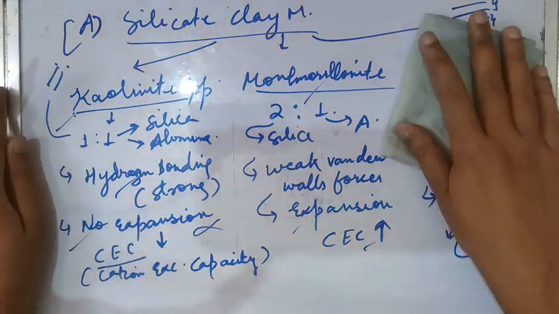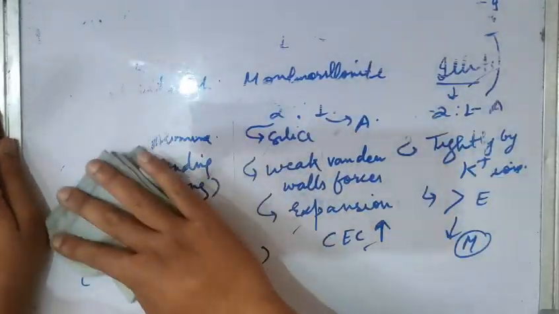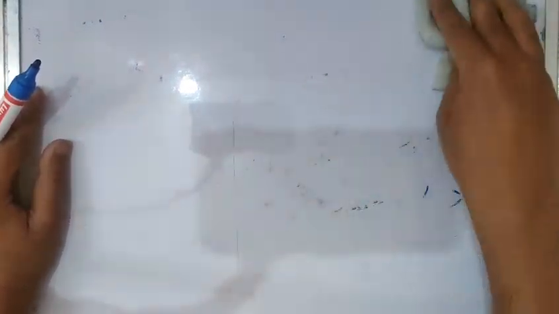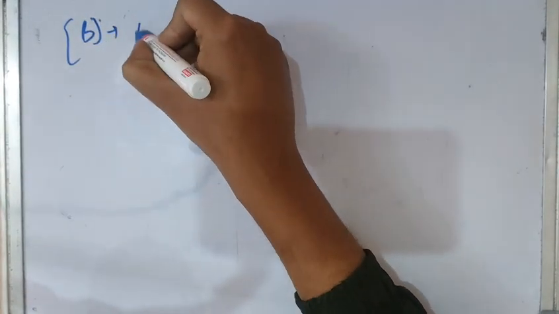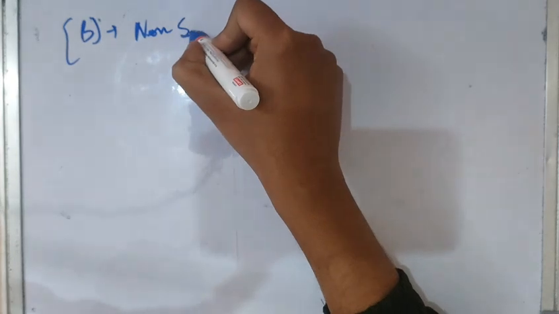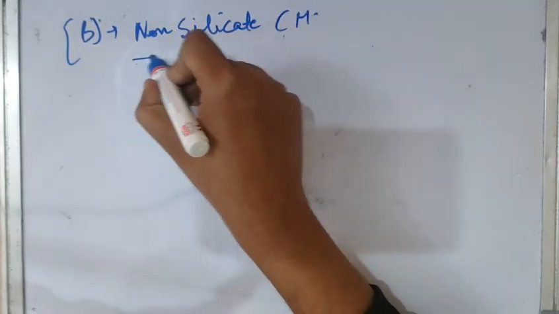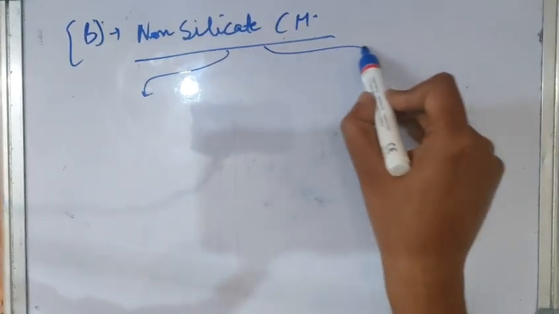Now moving on to the second type, that is non-silicate clay minerals. Here we have got two types.